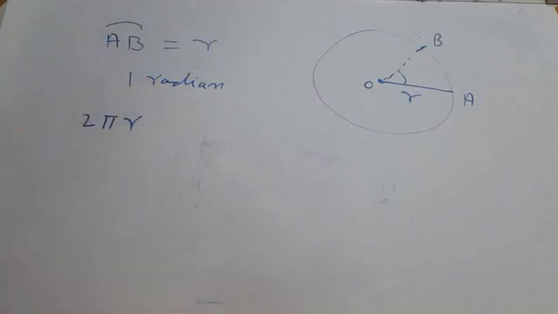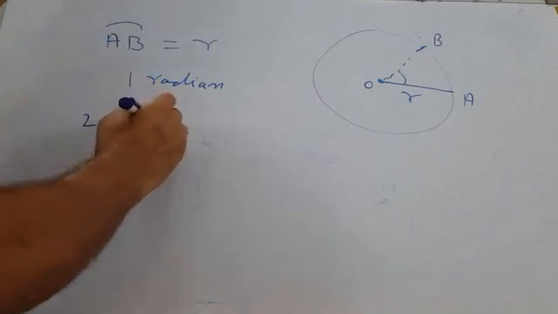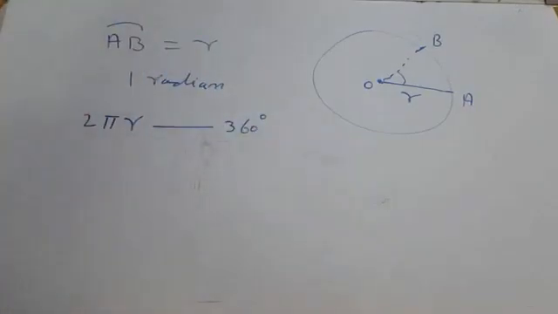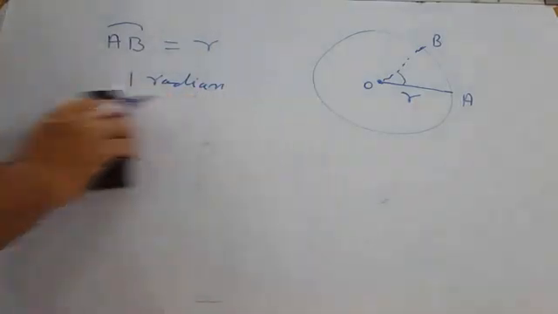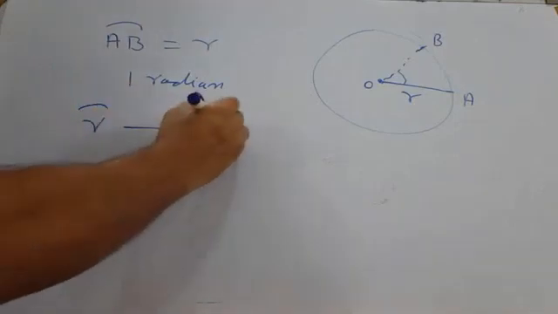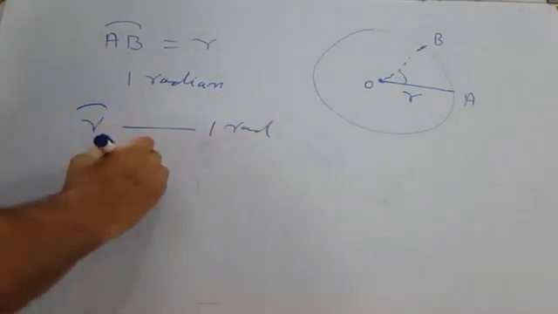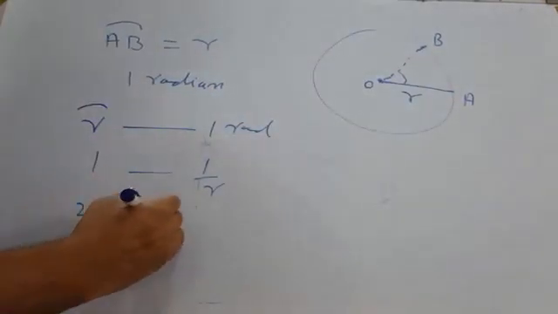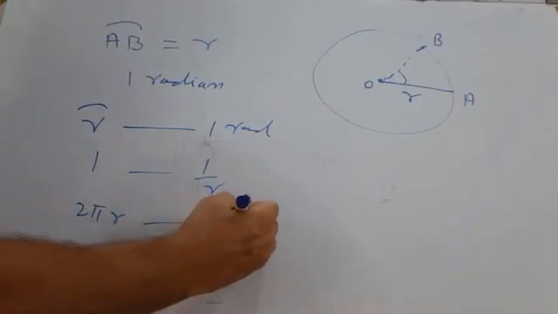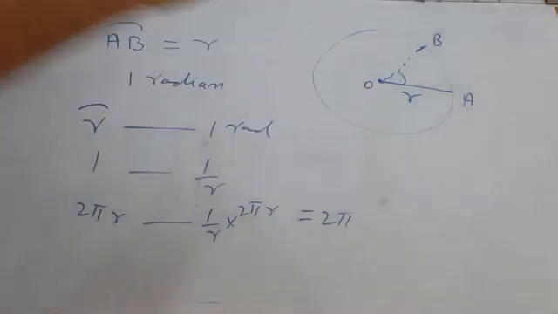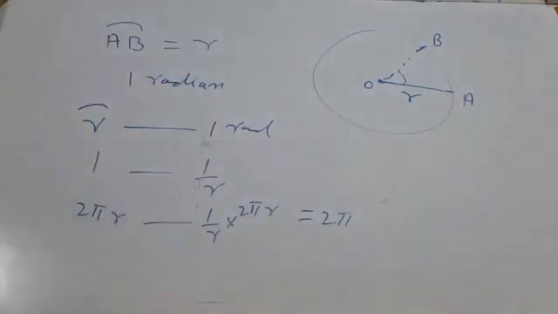If the arc is equal to r, then the angle will be 1 radian. If the arc is 1, then the angle will be 1 by r radians, and the total circumference is 2 pi r. That will be 1 by r into 2 pi r, which is 2 pi radians. So in one complete rotation, there will be 2 pi radians.